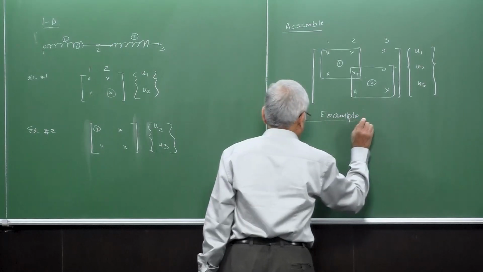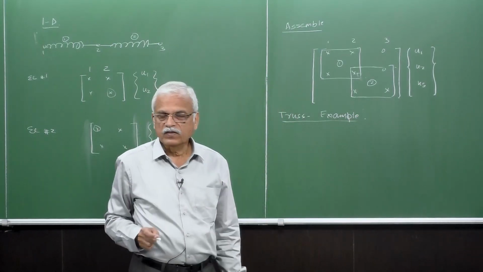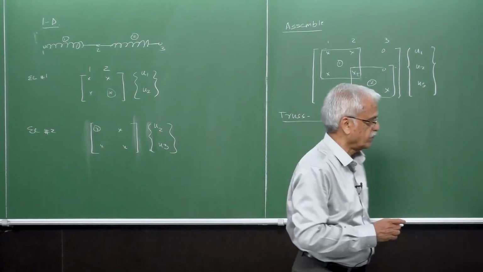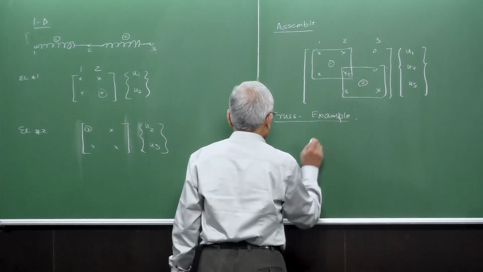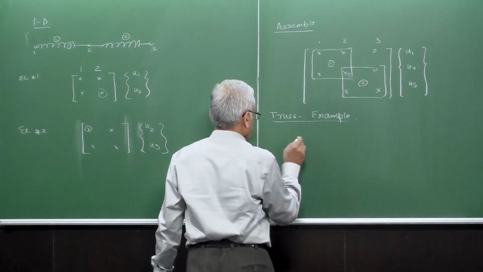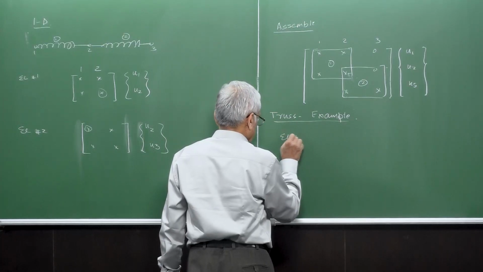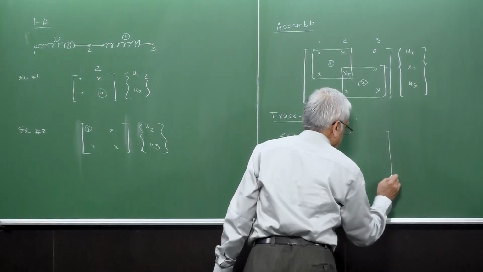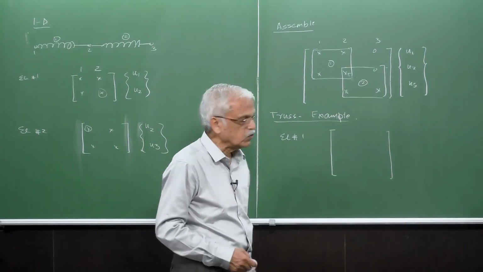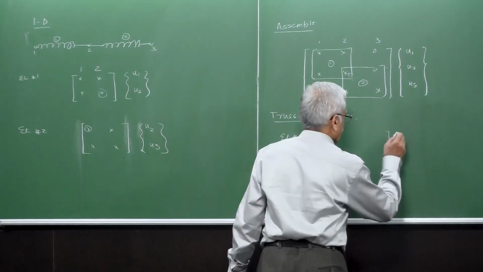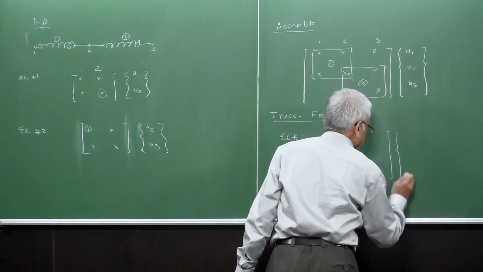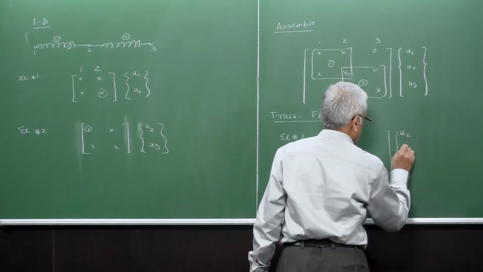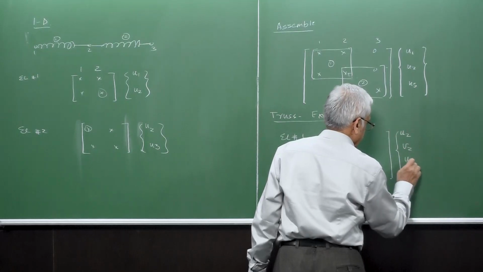Now in the present truss example, which is in 2D, there are 3 nodes and 6 degrees of freedom. Element 1, for example, has nodes 2 and 3, and it's a 4 by 4 matrix. So you have U2, V2, and U3, V3.